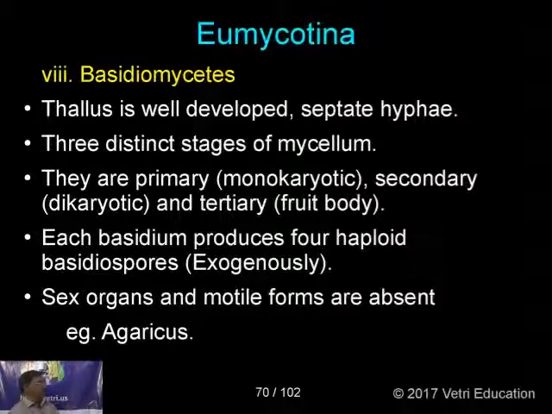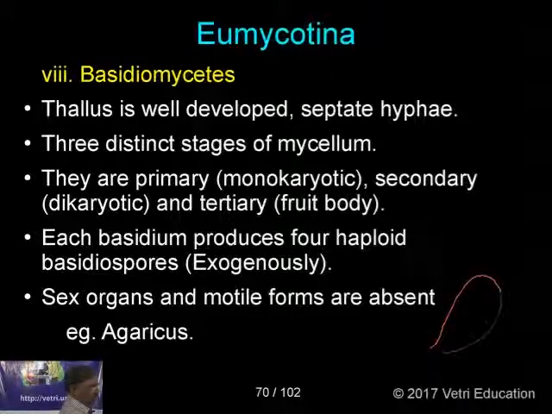mycelium. Here also the fusion of the nuclei is postponed, and they fuse in the basidium and form a diploid nucleus, and then it undergoes meiosis and forms 4 haploid basidiospores, and these basidiospores are developed outside.